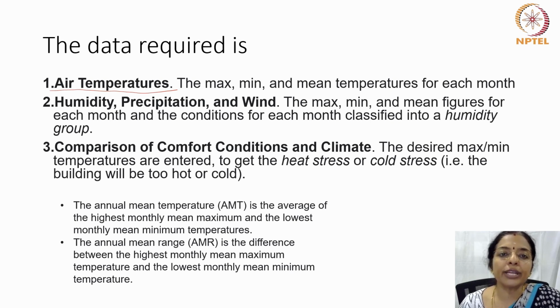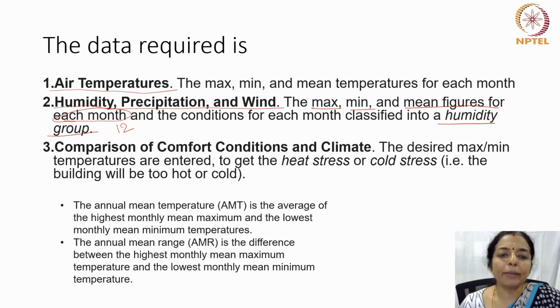You also need the humidity, precipitation, and wind data of that location or place. Again, you need the maximum, minimum, and mean figures for each month, for all the 12 months. And the conditions for which each month is classified into a humidity group. What is meant by humidity group? We will see as we progress in the class.